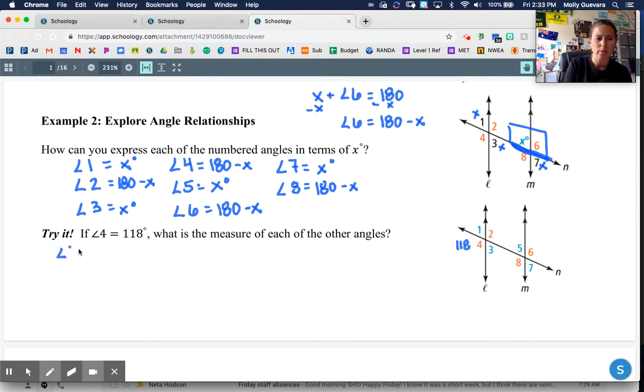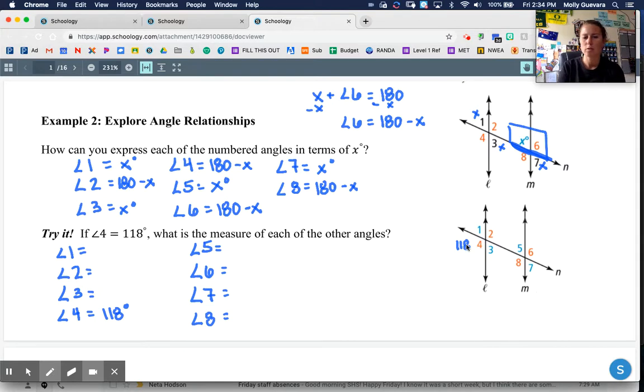So angle 1, angle 2, angle 3, angle 4, and then 5, 6, 7, and 8. I'm told that 4 is 118, so that's wonderful news, right? So now I want you to go ahead and hit pause in the video and see if you can come up with the other 7 angles here.